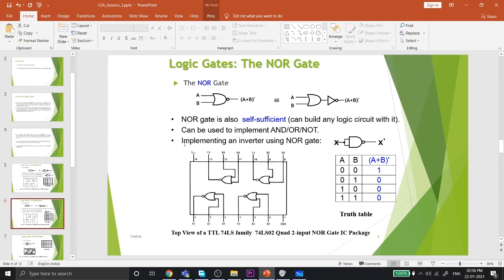In 14 pins, 2 pins will be VCC and ground, and the remaining 12 pins will be the connections to the logic gates. So 12 divided by 3 equals 4, because each logic gate has 3 connections. So that's a NOR gate IC package.